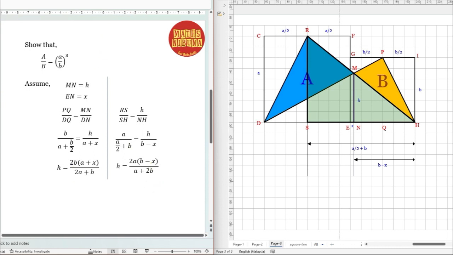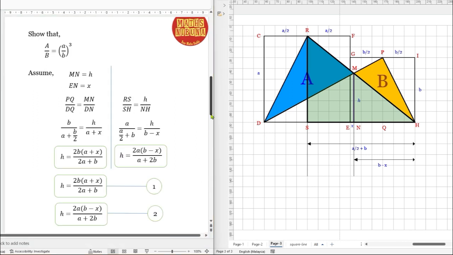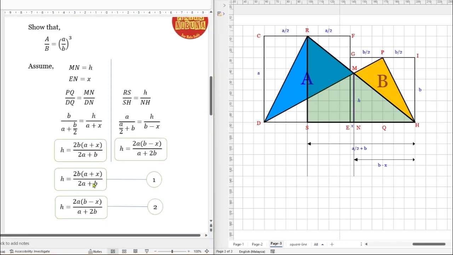So now I have these two equations. This one is one equation, and another equation is here. So now we got two equations: equation 1 is h equals 2b(a plus x) over 2a plus b, and equation 2 is h equals 2a(b minus x) over a plus 2b.